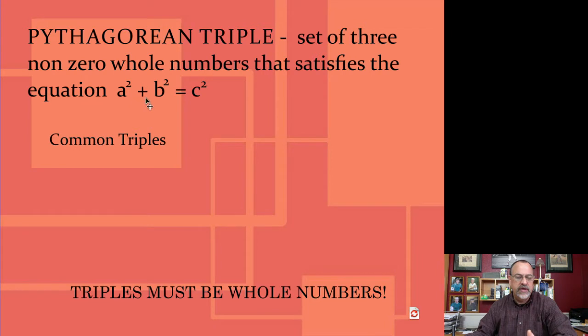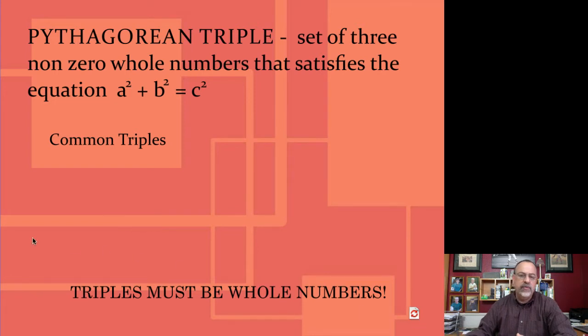You could square the a, square the b, and that would equal the square of the third. Some common Pythagorean triples are 7, 24, and 25; 8, 15, and 17; 5, 12, and 13; the most common one being 3, 4, and 5. So 3 squared plus 4 squared is equal to 5 squared. So this would be a Pythagorean triple.